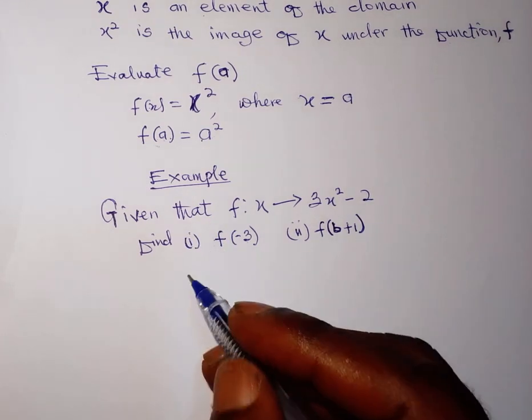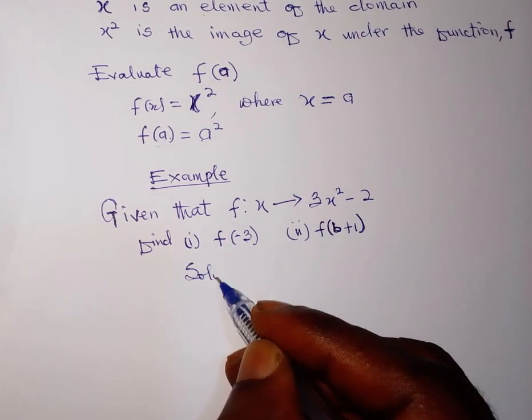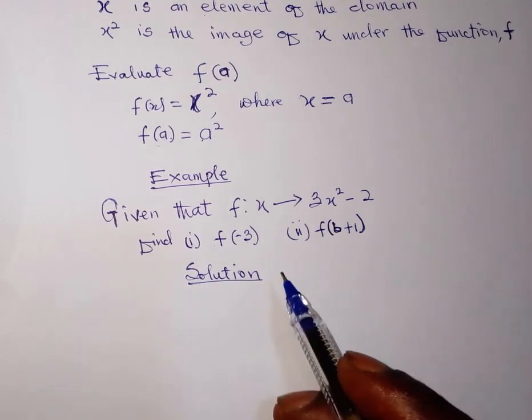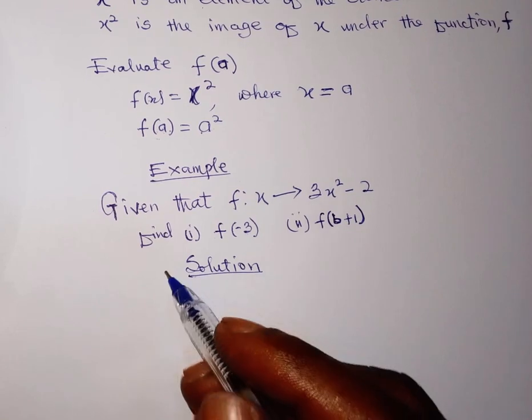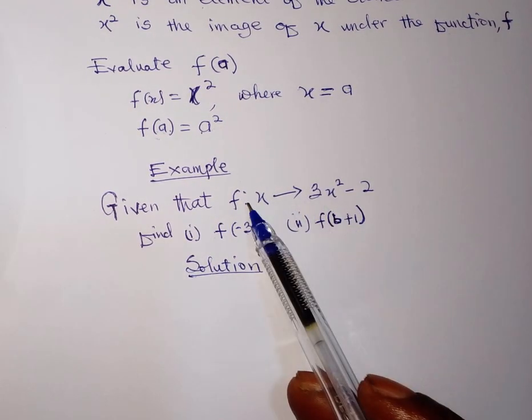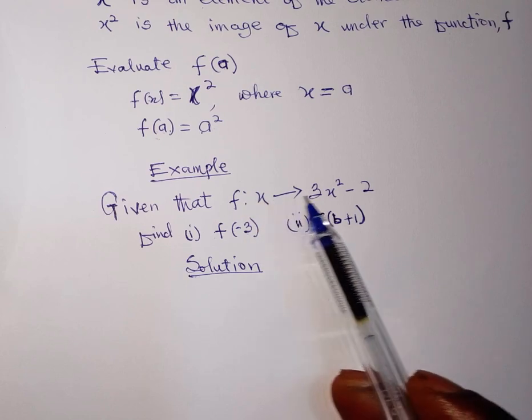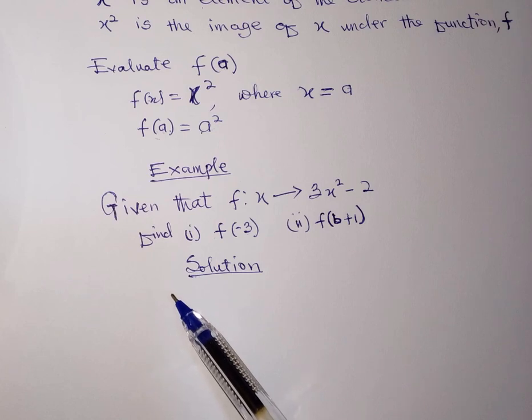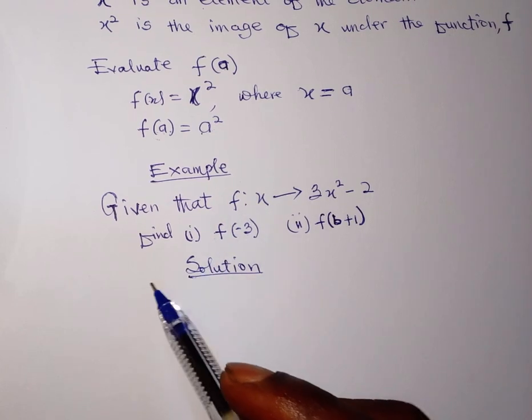So let's begin with our solution. Now I told you that when it is given to you as a relation or a function in a mapping form, you need to change it to what? An equation form, so that you can solve it.